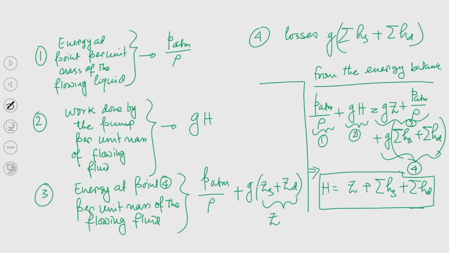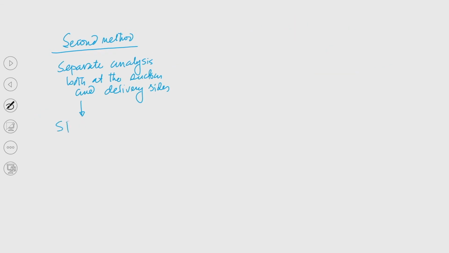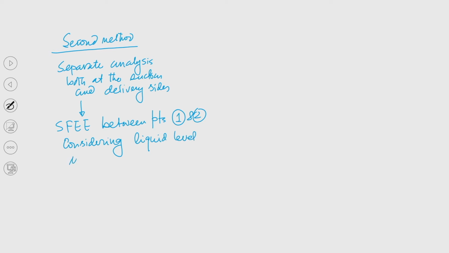So, applying the steady flow energy equation between points 1 and 2, considering the liquid level in the suction tank as the datum, what we can write is P atm by rho.